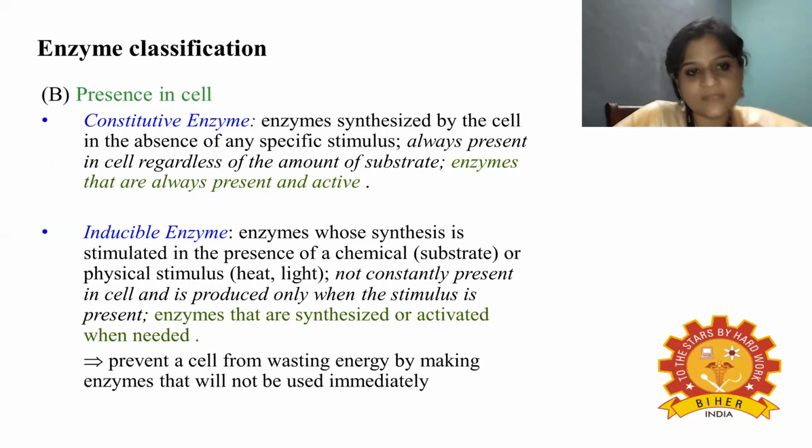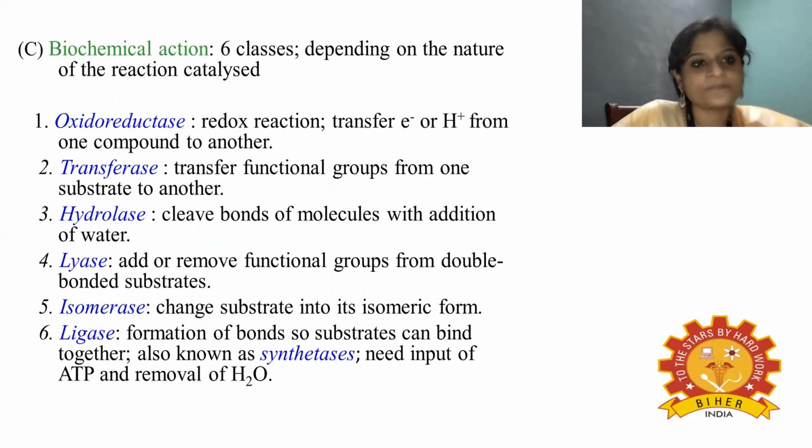But these inducible enzymes, they are present in the cells only when there is a necessity of them, only when the reaction takes place and this enzyme is required there, these enzymes are present at that time. That's where we tell enzymes that are synthesized or activated when needed. Prevent a cell from wasting energy by making enzymes that will not be used immediately. So only when the requirement of that particular enzyme is there, the enzyme will be present in the cell.